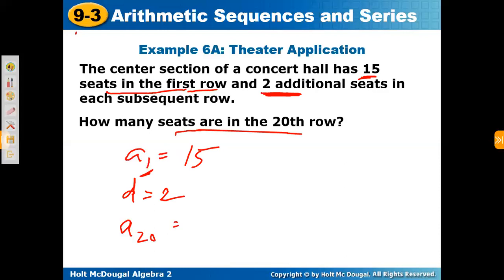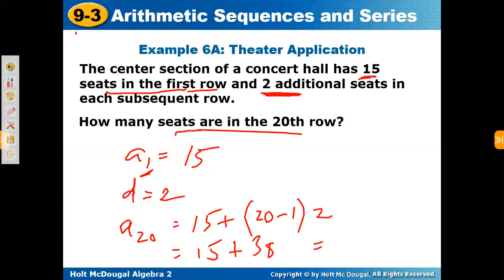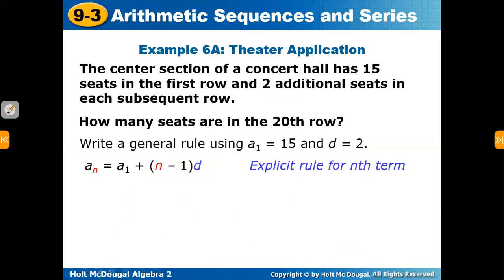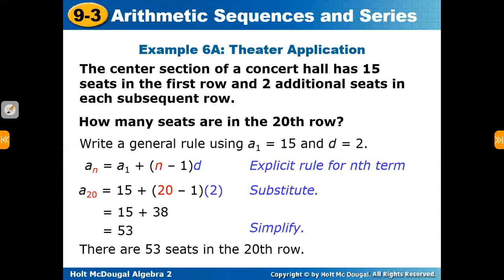So n is 20, minus 1, times 2. So it is 15 plus 38, which is 53. So there are 53 seats in the 20th row.